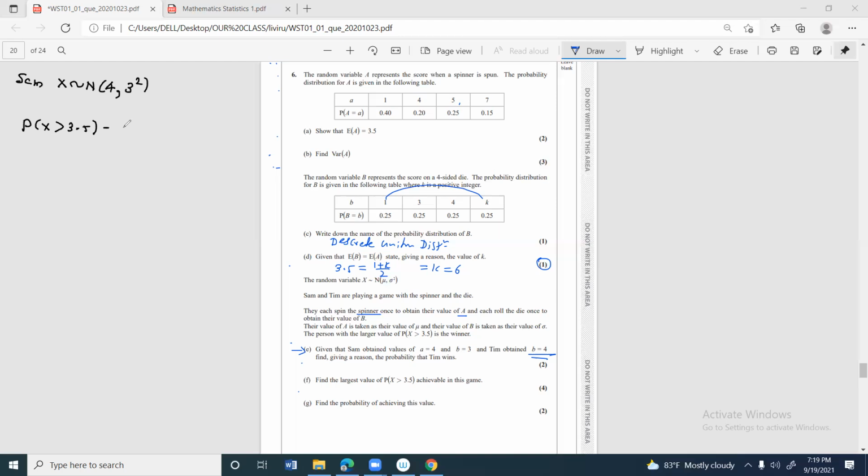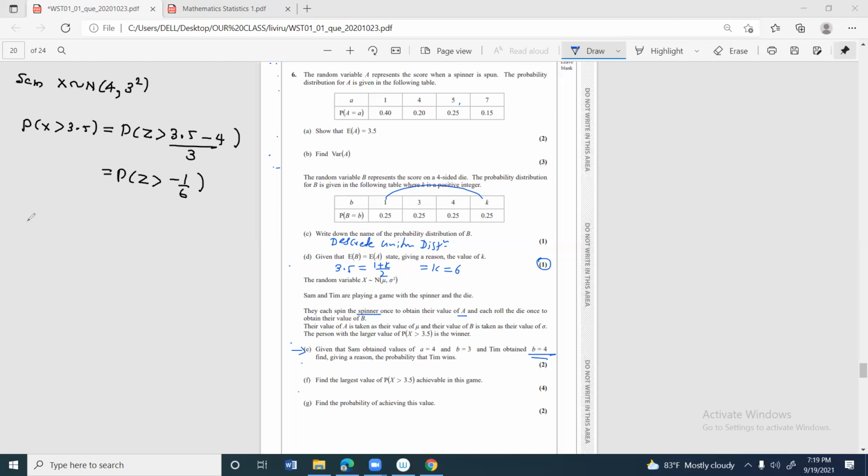Initially, you have to make them into standard normal. Z is greater than, with this count, 3.5 minus 4 divided by 3. So this is the probability of Z is greater than minus 1 over 6. That's a count you need to understand, right?